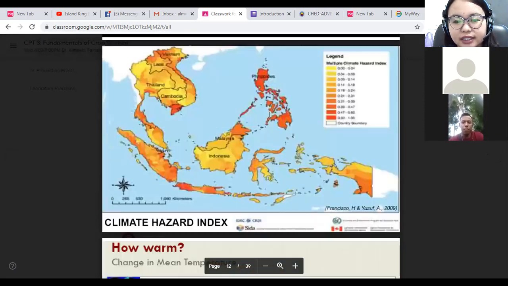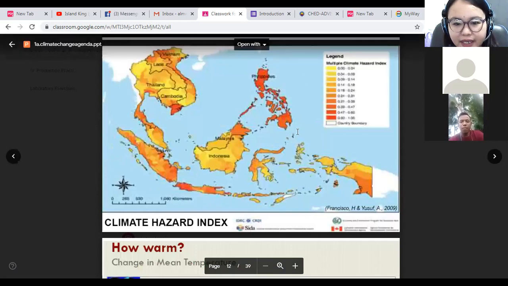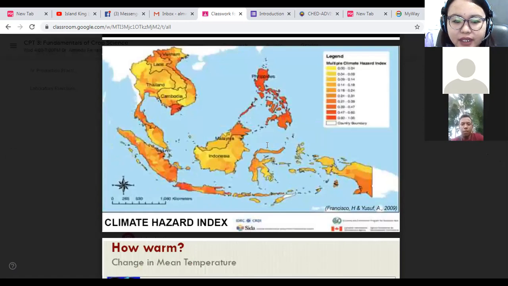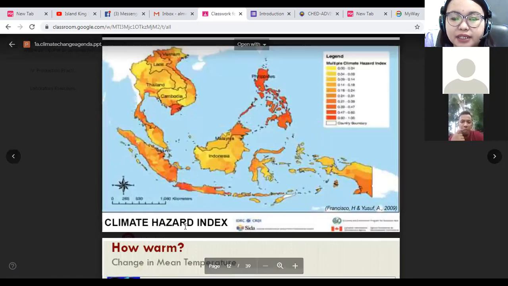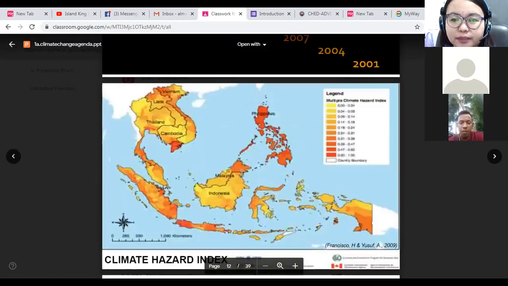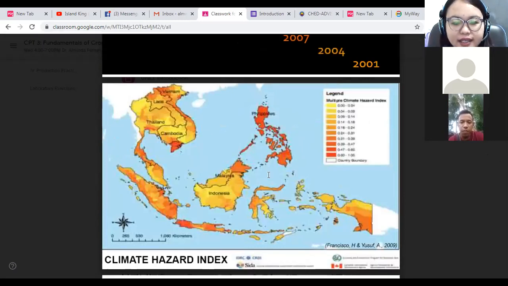You can see here by legends, and in the Philippines, these are called the climate hazard index. Among other countries, the Philippines has the highest hazard index because of the rising temperature.